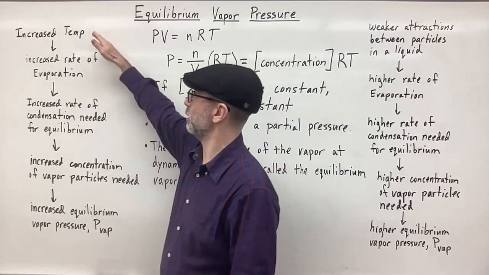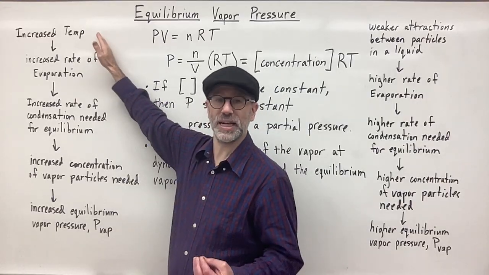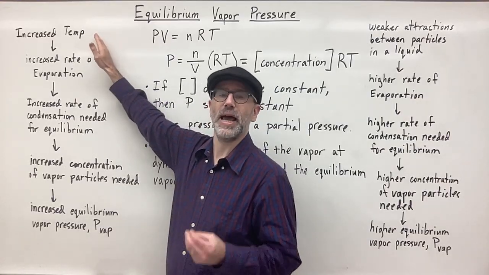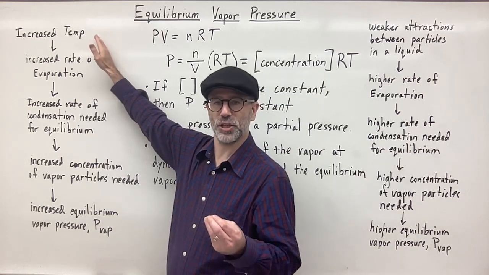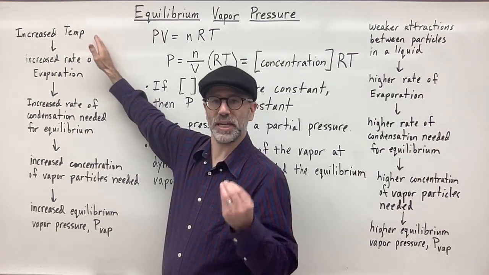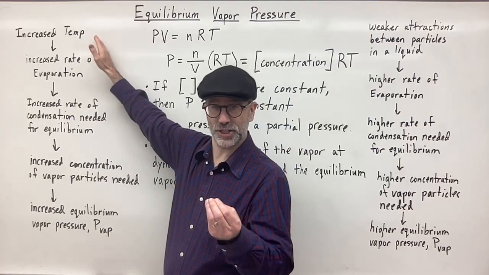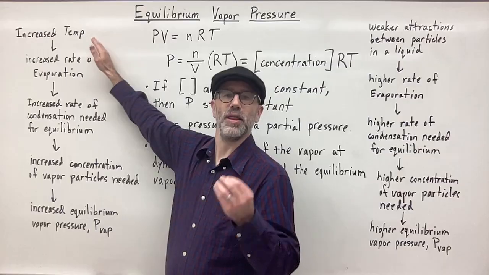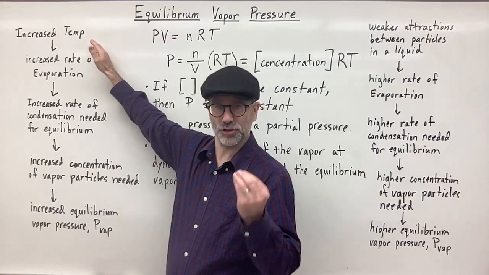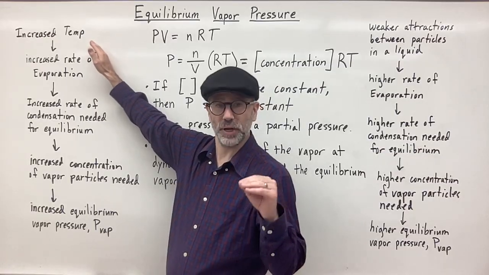So if you increase the temperature, you're increasing how fast they're moving and how much kinetic energy they have, and therefore the likelihood of them escaping into the vapor phase, right? They have more energy to break free from the attractive forces at the surface of your liquid.